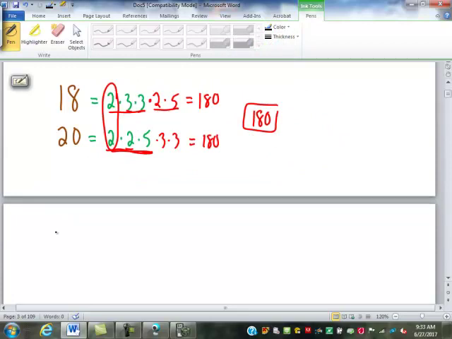If we had, let's see here. Let's say we're going to do 30x squared y and 45xy to the 4th.